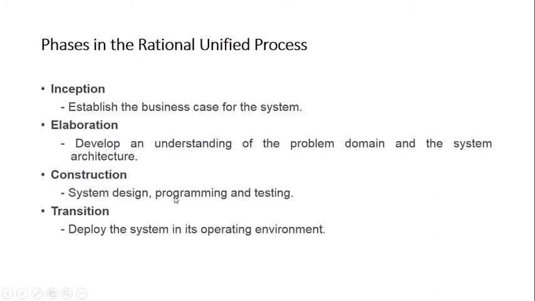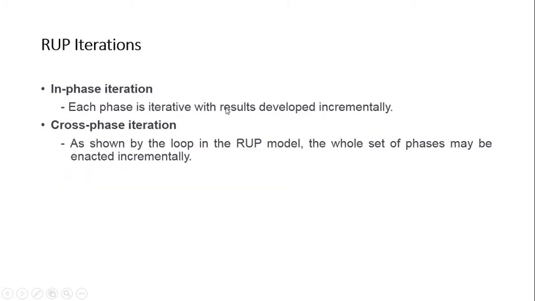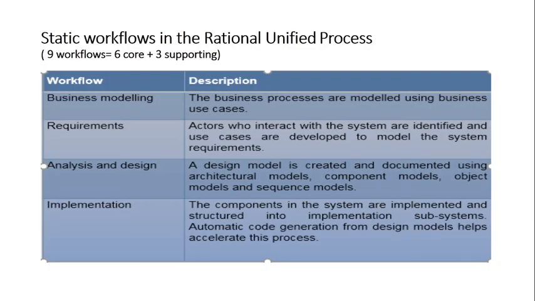Construction is designing, coding and testing, while transition is deploying the system in its operational environment, and after that maintenance is called for. So these are your 4 phases. Now iterations, I have told you, are done in 2 ways. One is in-phase iteration, which represents the static perspective, while cross-phase iteration represents the dynamic perspective, right? Then what are these 9 workflows?